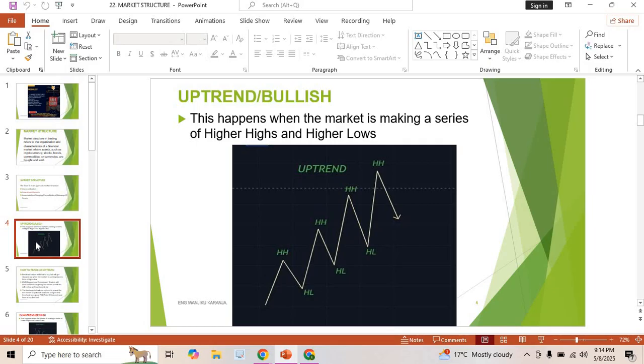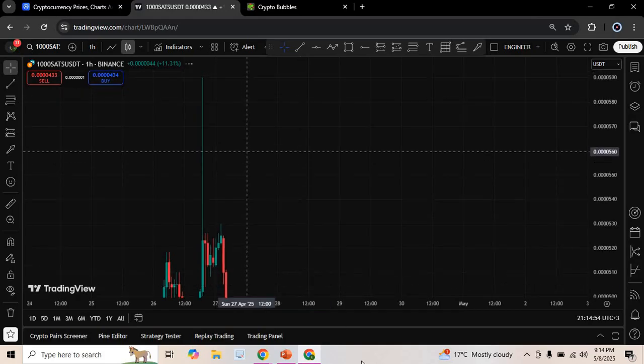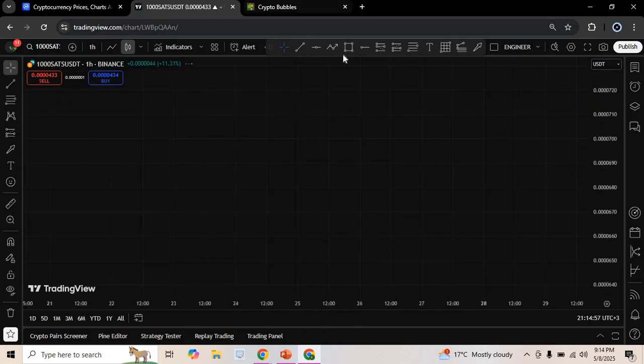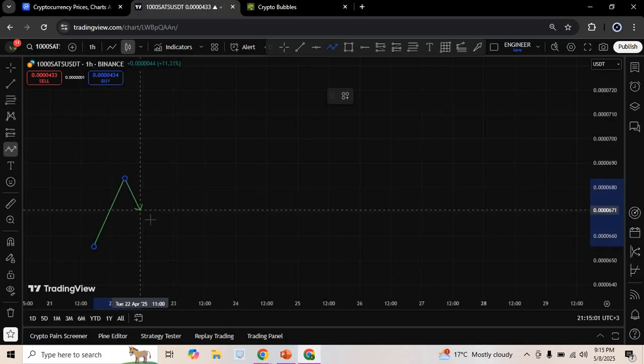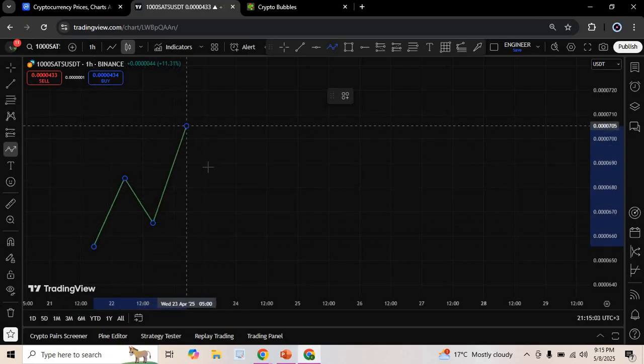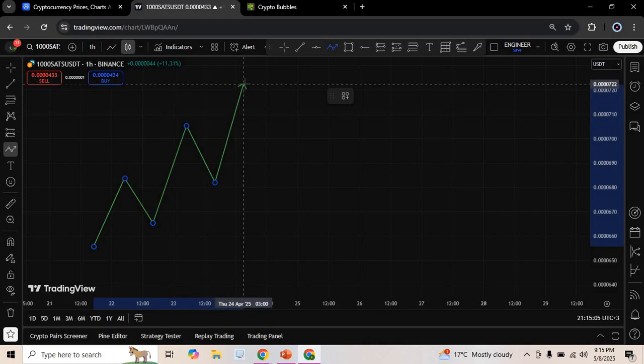And we are being told right here that this happens when the market is making a series of higher highs and higher lows. So let's demonstrate that. So basically, we've said an uptrend. We all know what an uptrend looks like. It's a bullish trend. Let me just draw better.